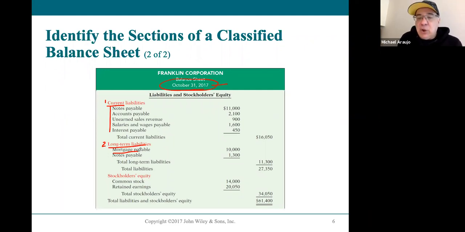Okay, so it's a long-term liability for companies. Notice that they have notes payable listed under current liabilities and notes payable listed under long-term liabilities. Why would they do that? Anybody know?